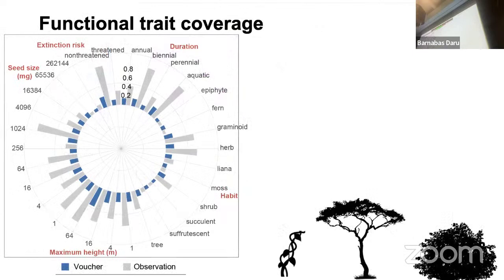And then we also explored how well these records cover the intrinsic life history traits by mapping different facets of functional trait diversity, including duration, habit, maximum height, seed size, and even extinction risk, for both vouchers, indicated in blue, and observation records, indicated in gray. The bars correspond to the density of records, the number of specimens per species.